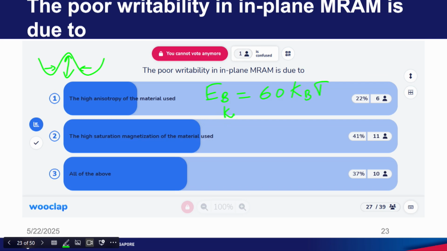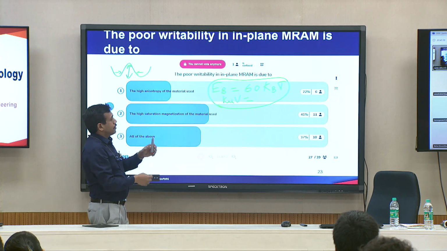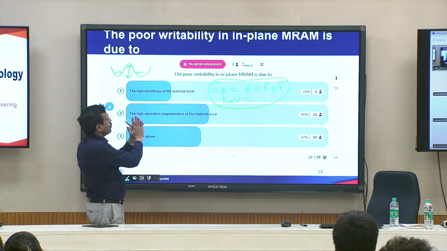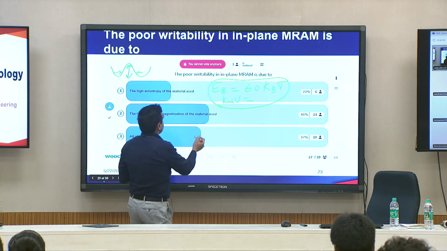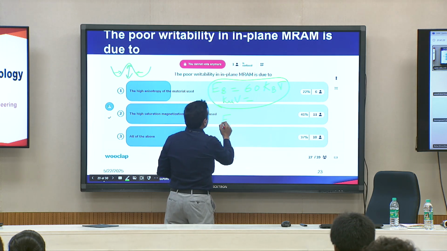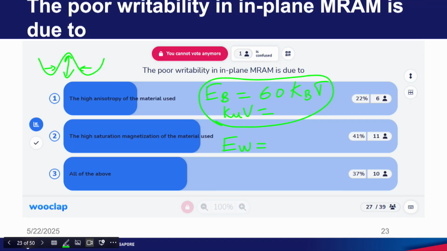So, the KUV is roughly 60 kBT, but I told you that when we try to write information, the magnetization is going through precession, and during the precession there is a lot of time spent with the magnetization in the perpendicular direction, and because of that I told you that the energy we require for writing information in the in-plane MRAM technology is 6000 kBT.